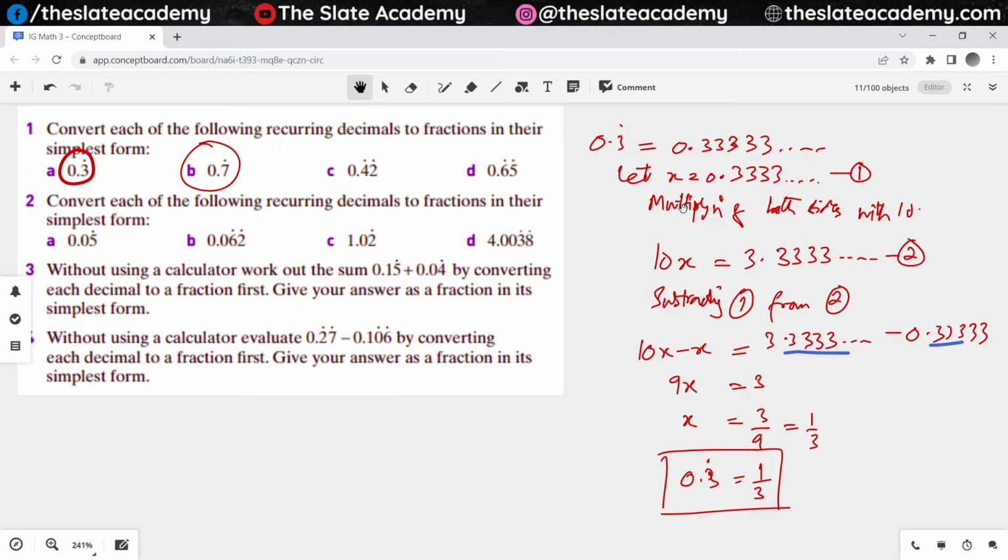If I multiply the right hand side of x, which is just x, with 10, what do I get? So 0.3, if I multiply it with 10, it becomes 3.3333. Multiply 0.77, it would become 7.77777.